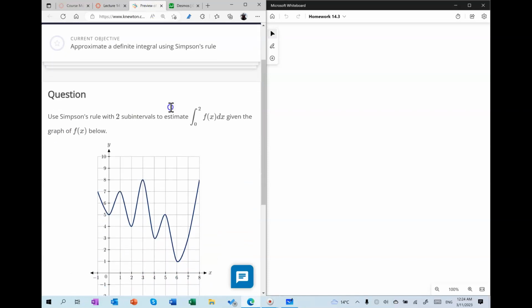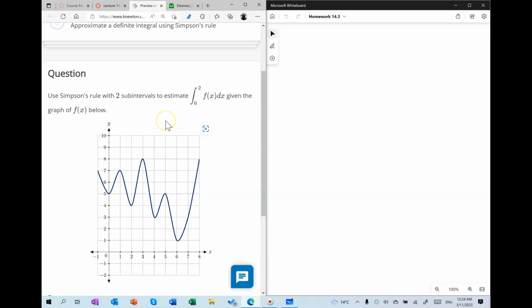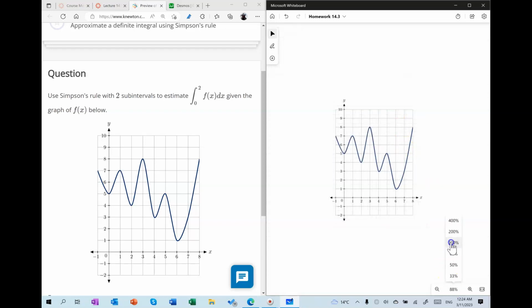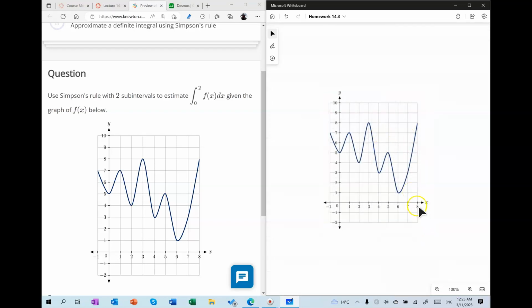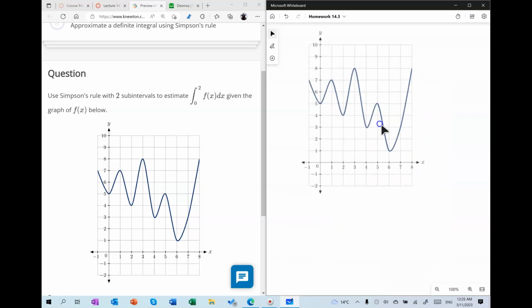And the first problem is asking us to use Simpson's rule with two subintervals to estimate some integral. So I got this image here, and let's set up the problem.